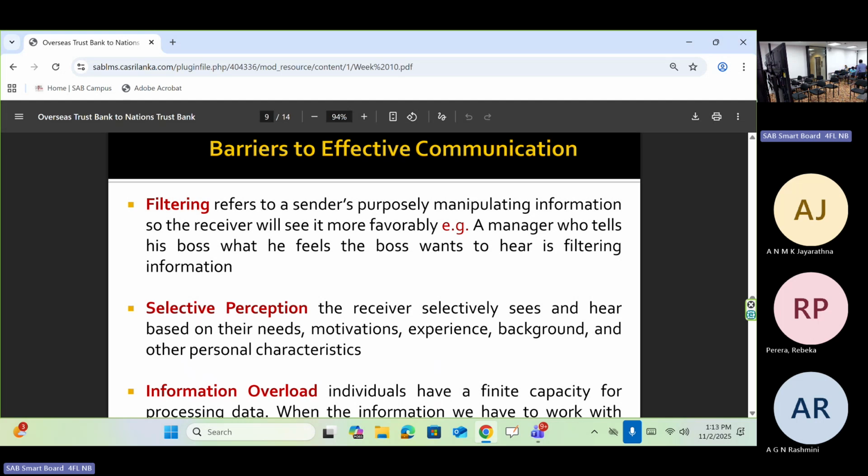That is the opposite aspect of filtering. Finally, what happens? The intended message is read and understood differently, in a biased way. That is another barrier to effective communication.